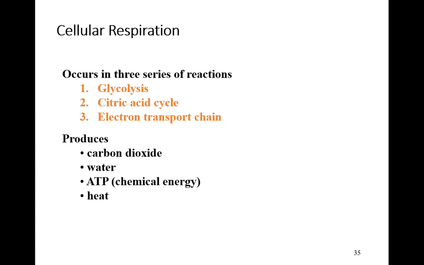And we give off heat. About 60% of the energy that we consume in food is released from our bodies as heat. We only get to use about 40% of that energy to do things. So we have carbon dioxide, water, ATP, and heat energy being released.